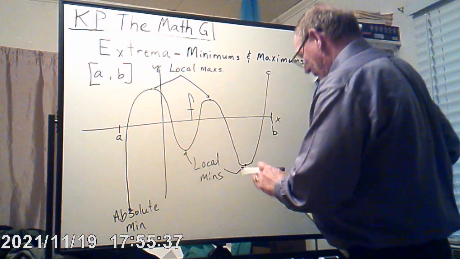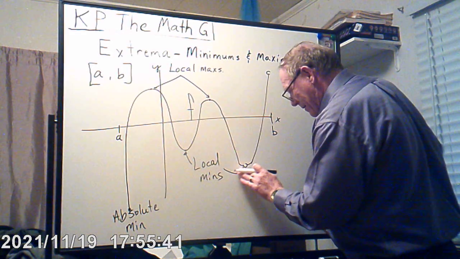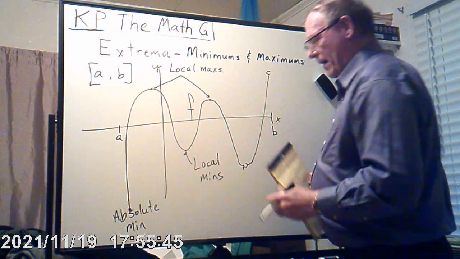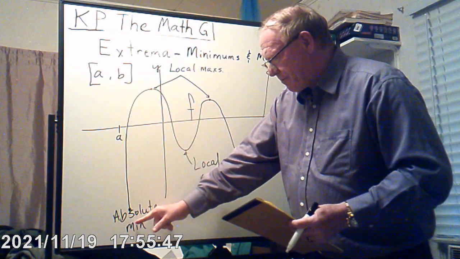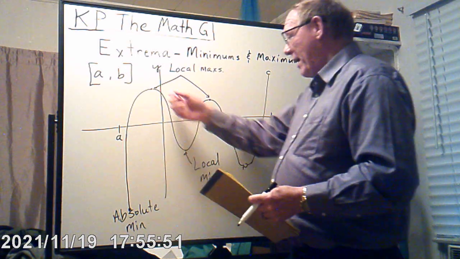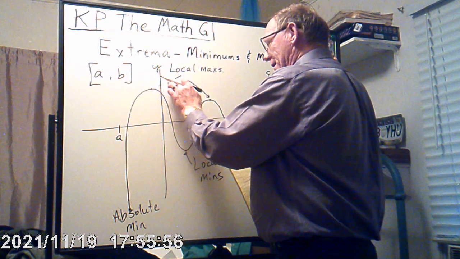I could remove this right here and make this hollow right here, and the only minimum you've got is right here. Well, you have this absolute min here, and you have a local min here, and right here, this would be your absolute max.